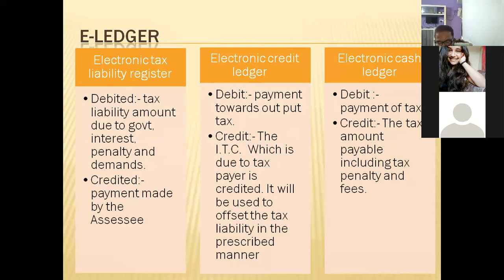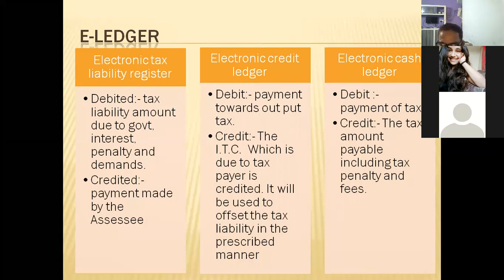That is nothing but ITC, input tax credit, and that amount can be used for payment of output tax. In the cash ledger, whatever you pay towards tax is entered in the debit column, and the total tax payable, including penalty and fees, is entered in the credit column.